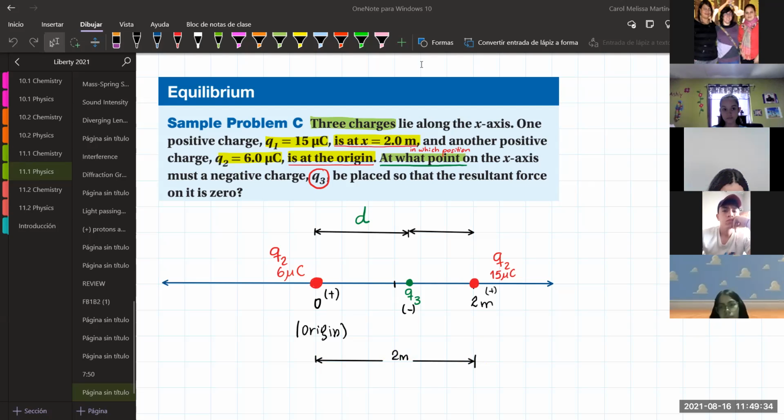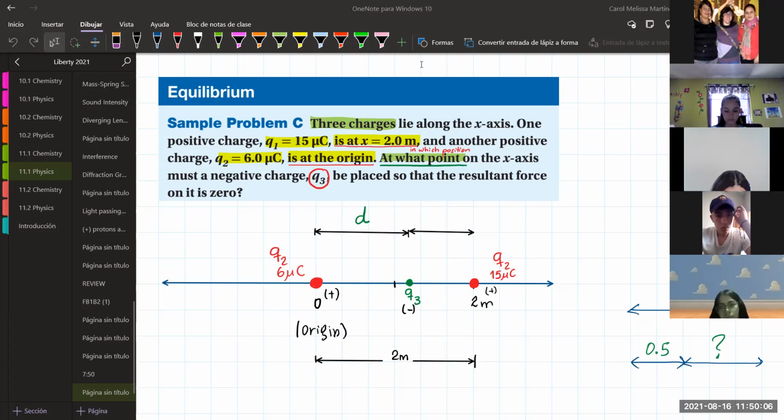Now, I will show you a similar situation. Imagine that this is 2, that this is, sorry, not x. Imagine that this is 0.5, and I want to know what is this distance.